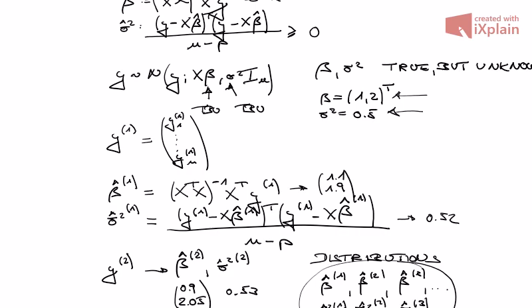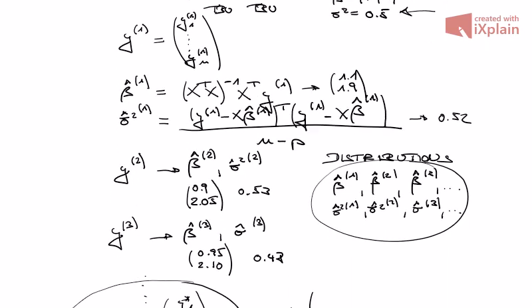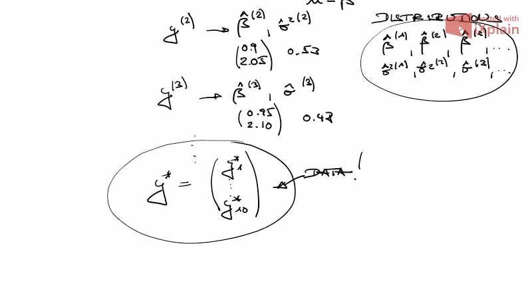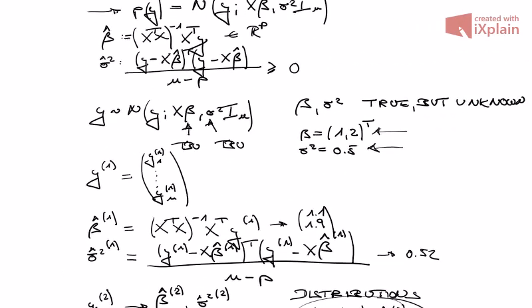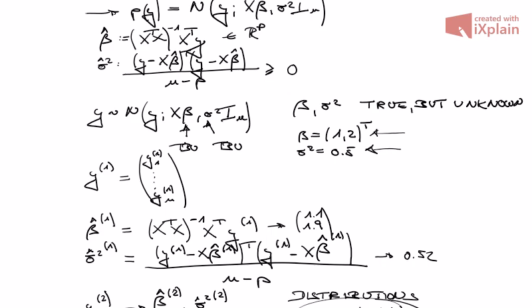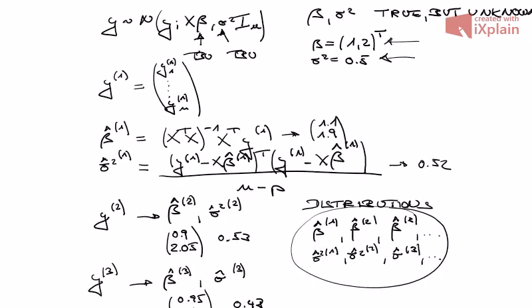So although you only ever have one realization of data, you pretend that there is a multivariate Gaussian distribution behind it, which you assume is maybe somewhere out there in the world, with true but unknown parameter values, these beta and sigma square, that you will in fact never know. So if you simulate stuff, you know these things, but if you analyze data, you will never know them. This is why I always call them true but unknown, and they will always be unknown.